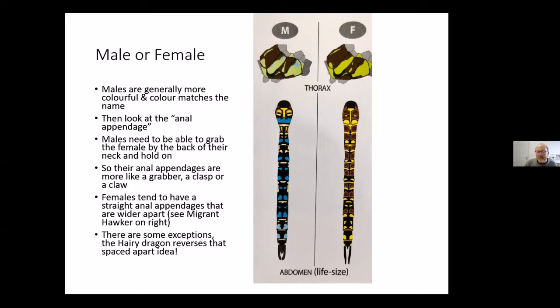And so if the back of it looks like a grabber, this one on the left there, it's a male. If it looks more decorative, like a set of streamers, and it's wider apart, it's a female. So close together and like a grabber, it's a male. Further apart and flowing, it's a female.